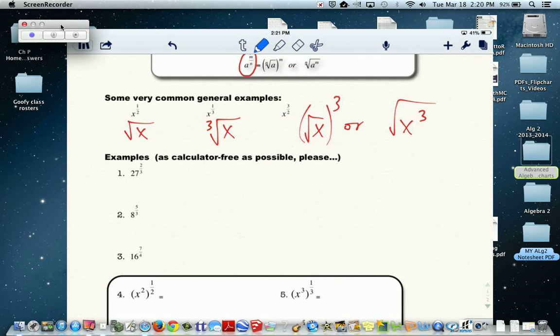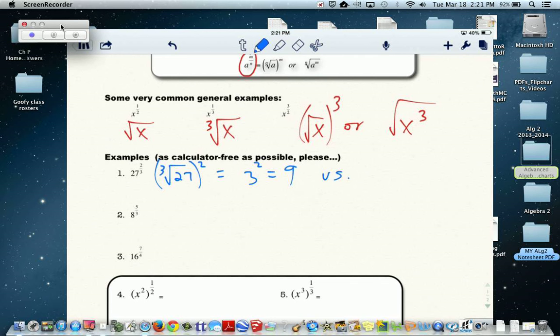If I was going to do 27, just for an example, you could do the cube root of 27. So I can do the cube root of 27 first and then square it. So what number times itself 3 times is 27? Well, that would be 3. Now I can square that and get 9.